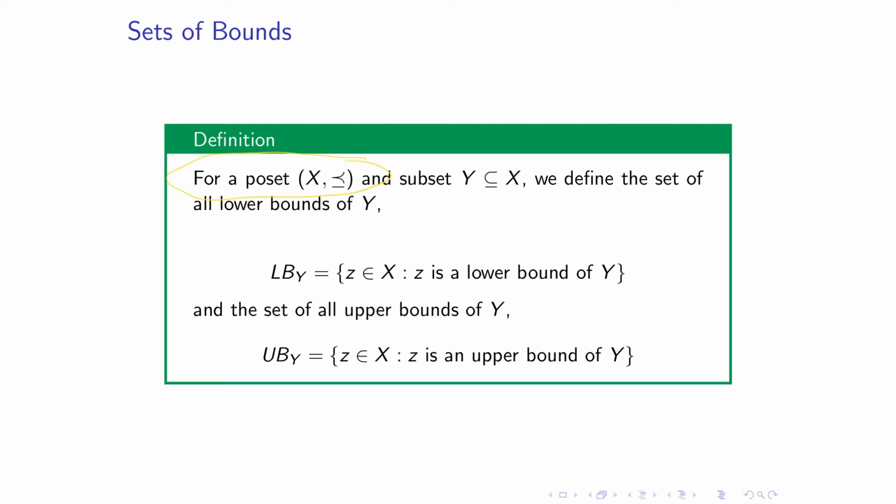Again, we take any poset X ordered by preseq, and a non-empty subset Y of X. To talk about the set of all lower bounds of Y, we write this notation LB sub Y. So that's the set of all Z in X such that Z is a lower bound of Y. Likewise, we have this upper bound notation. The set of all upper bounds is UB sub Y.